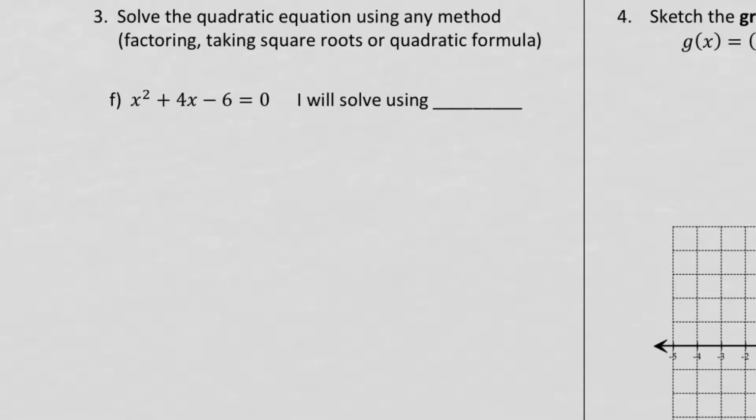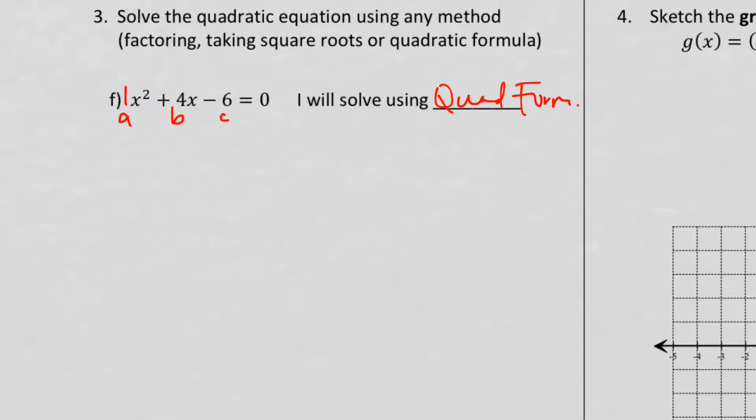Okay, 3f. Again, we're still just solving quadratics using whatever method we want. In this case, I'm going to try using the quadratic formula. Remember, if all else fails, this always works. First I'm going to identify a to be 1, b to be 4, and c to be negative 6.